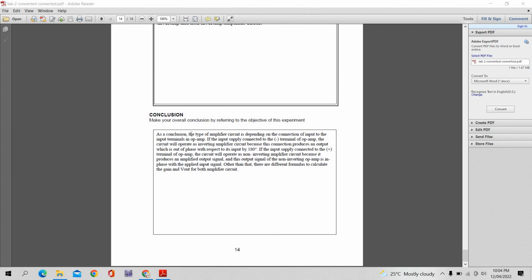As a conclusion, the type of amplifier circuit depends on the connection of the input to the input terminals of the operational amplifier.